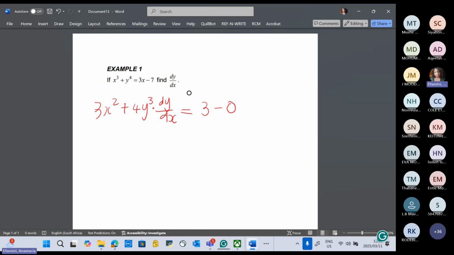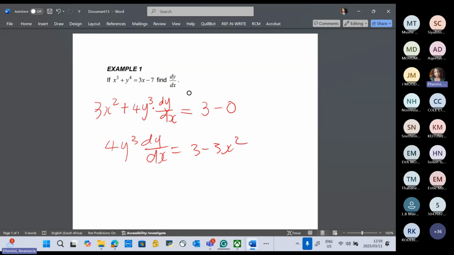Guys, what are we supposed to do from here? Move the 3x squared over to the other side, then take a factor of 3 out. So you say 4y to the power of 3 dy over dx equals 3 minus 3x squared. Guys, I'm not teaching you something that you don't know.